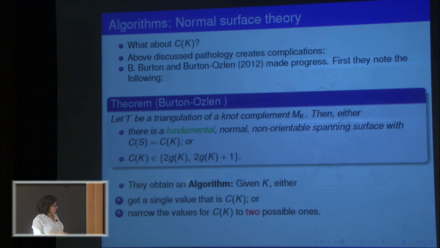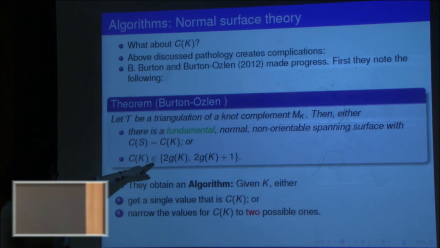Excuse me, but intuitively, we expect that a surface with those properties exists, right? Not as a theorem, but intuitively, do we expect that there's a fundamental non-orientable spanning surface in each case, in case C(K) is one of those numbers?